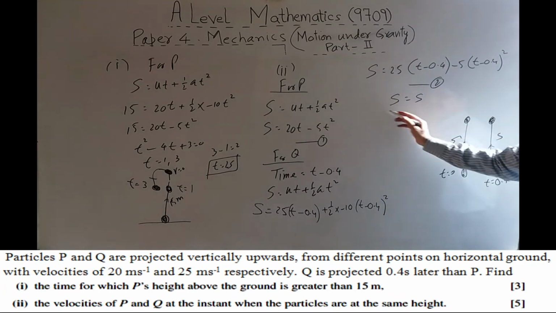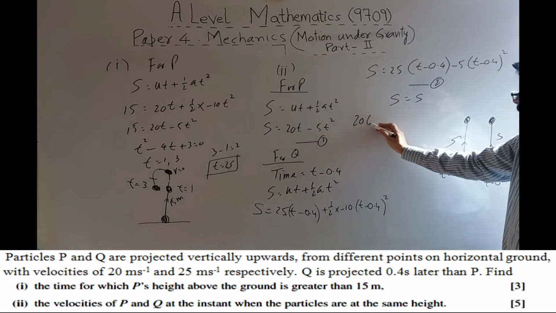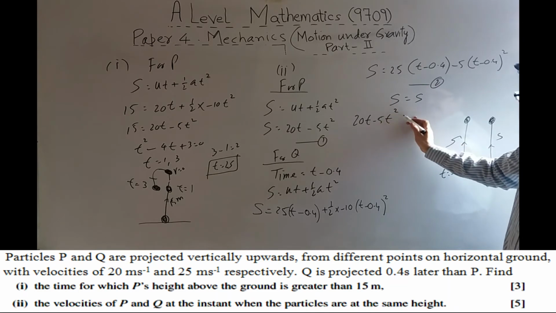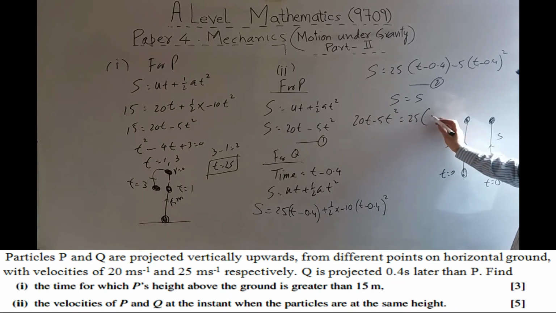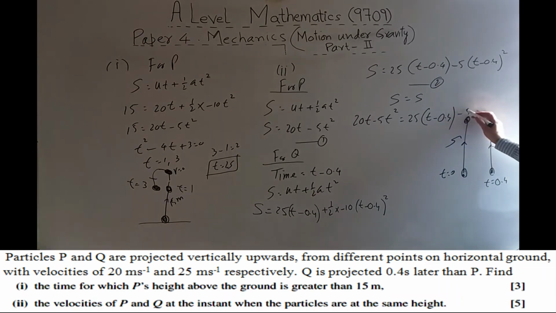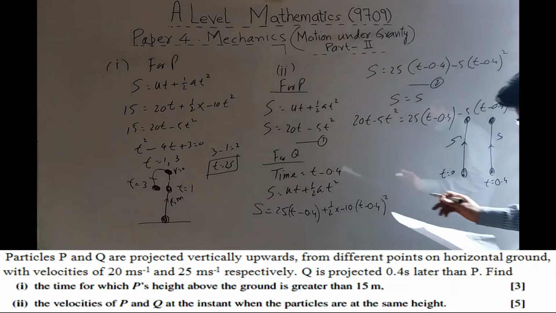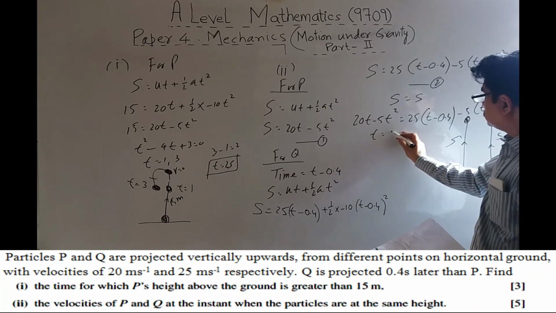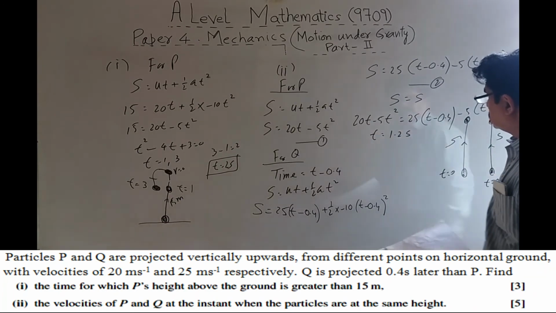So equating these two distances, 20t minus 5t square, and this is 25 into t minus 0.4 minus 5 into t minus 0.4 whole square. This is simple algebra. You expand it and you simplify it. From here we will get the answer t is equal to 1.2 seconds.